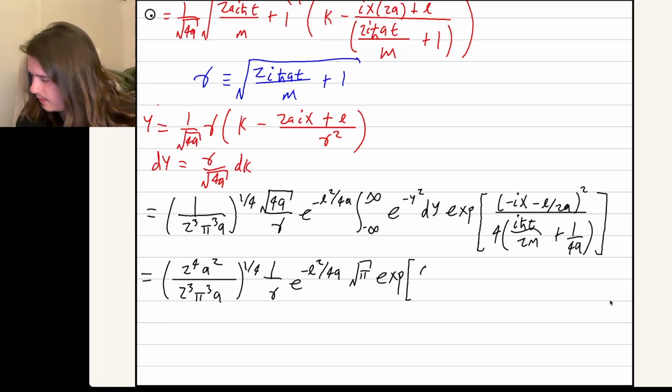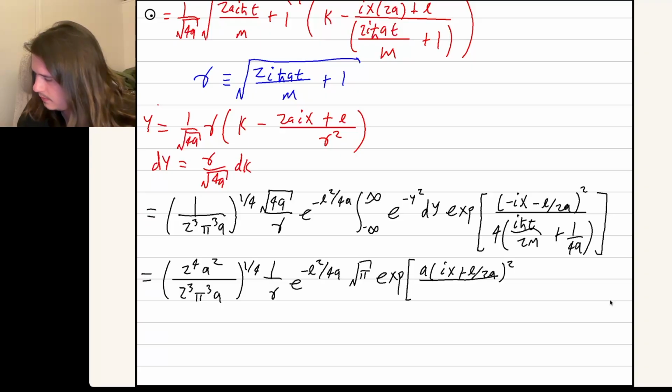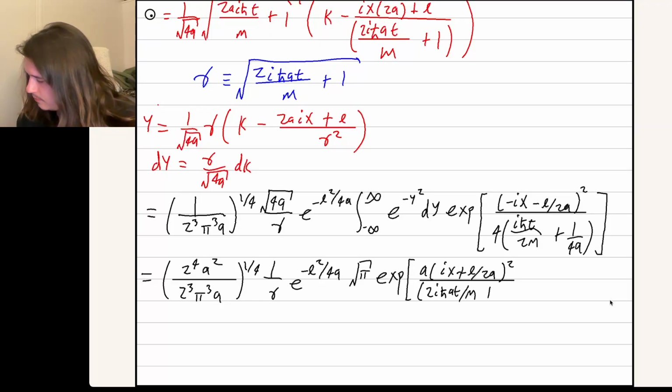So we'll have a times ix plus l over 2a squared all over, just going to move that 4 in there. This is now 2i h bar t over m plus 1 again.